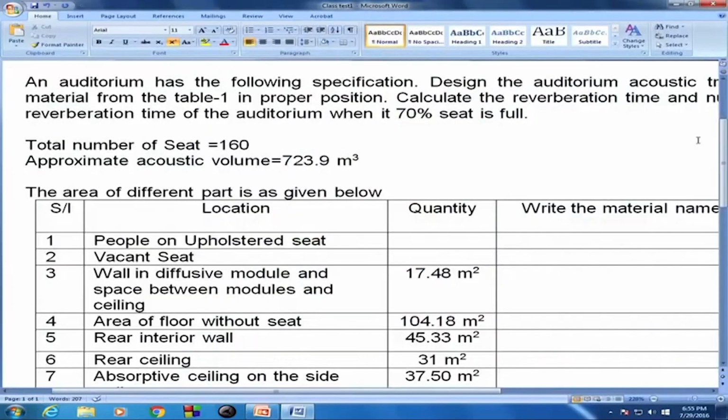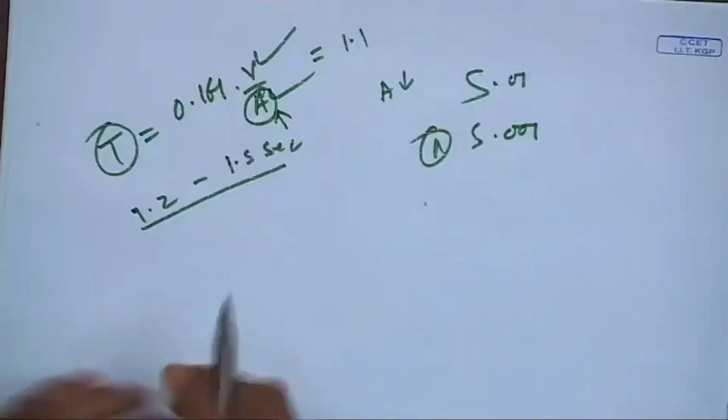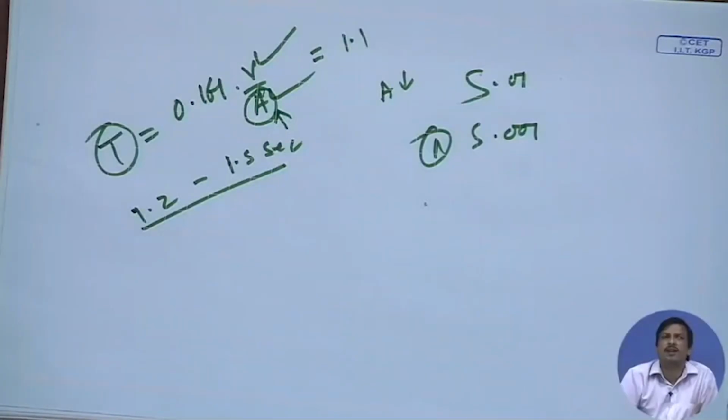If it is much lower, then A will be less here. Okay. So, a much more reflective surface will be used. So, then by just changing the A, I find out the desired T, then my design is done.